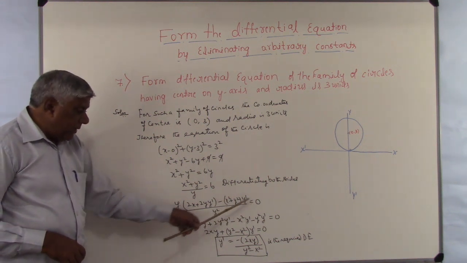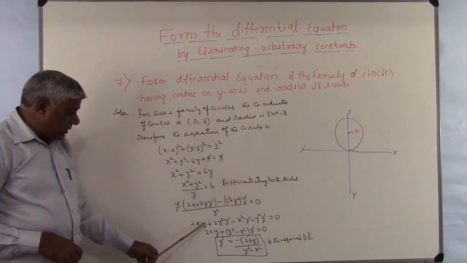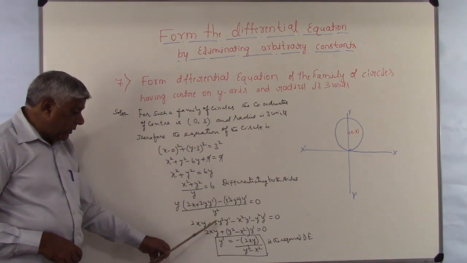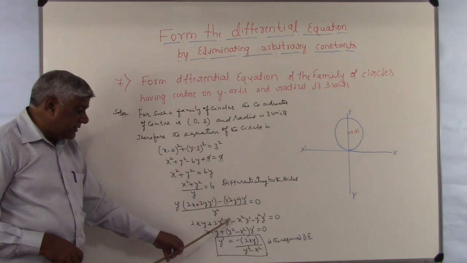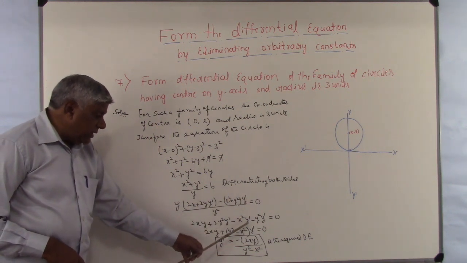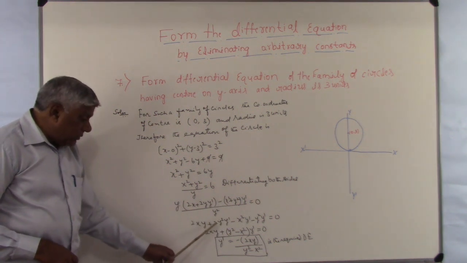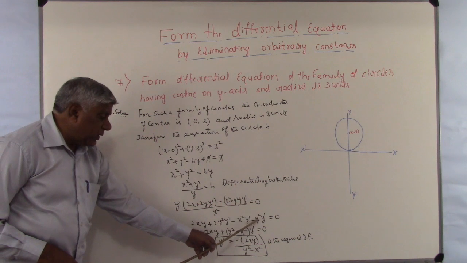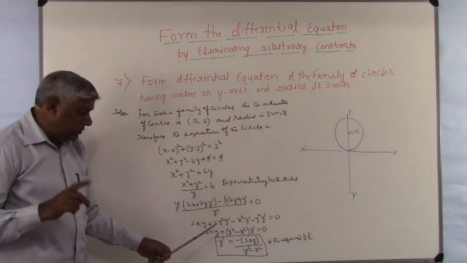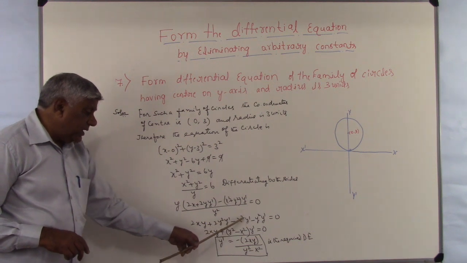Now when we cross multiply this becomes 0. Therefore, multiply: 2xy plus 2y square y dash minus x square y dash minus y square y dash is equal to 0. Now 2y square y dash minus y square y dash becomes 1 y square y dash. 1 y square y dash minus x square y dash.